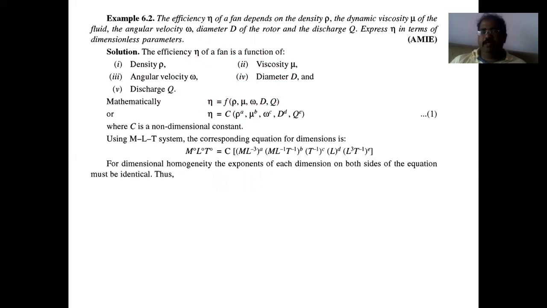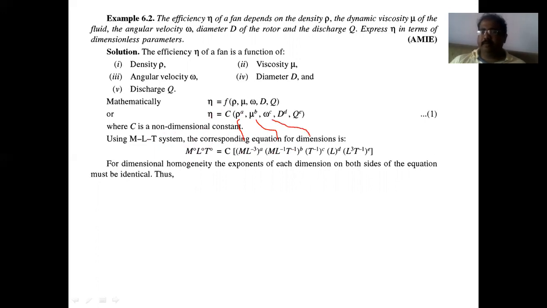Again, we put the exponents a, b, c, d, and e. Here C is the non-dimensional constant. When we convert to basic units, eta is a unitless quantity, so we put M raised to power 0, L raised to power 0, and T raised to power 0. Similarly, rho is ML raised to power minus 3, mu is ML raised to power minus 1, T raised to power minus 1.